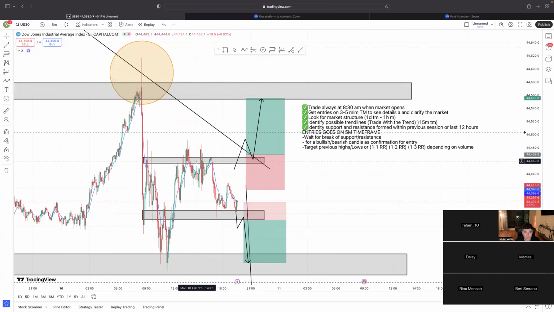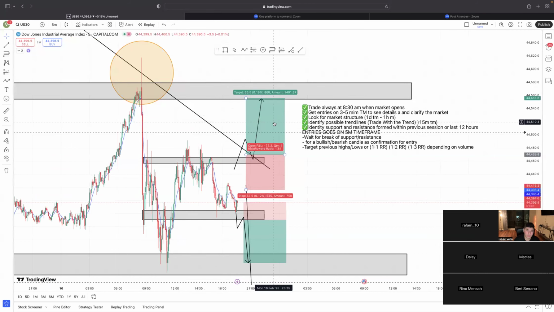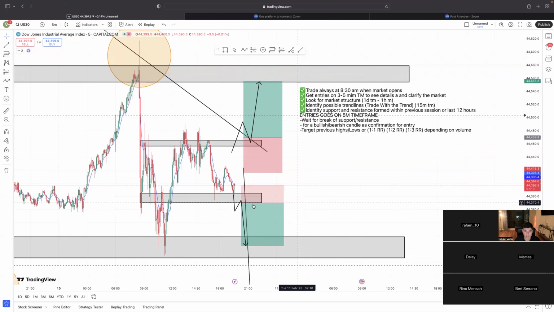I look for my support and resistance, and then I target my previous high or my previous resistance or my previous low or previous support as a target for the trade that I will be taking. And yep, that's about it. And I always target a 1-to-1, 1-to-2, or 1-to-3 risk to reward ratio.